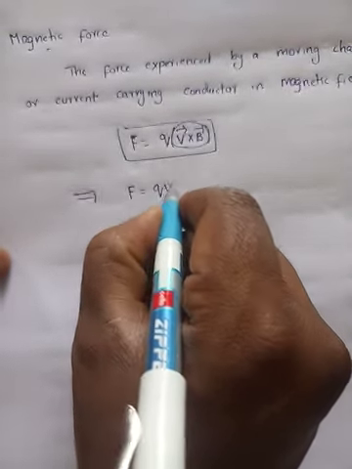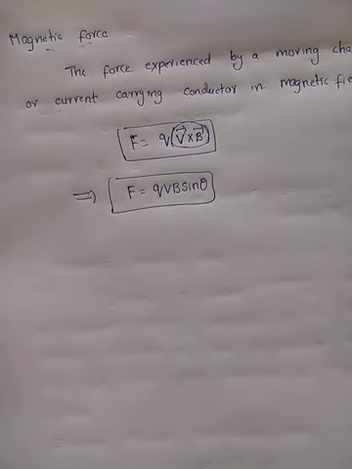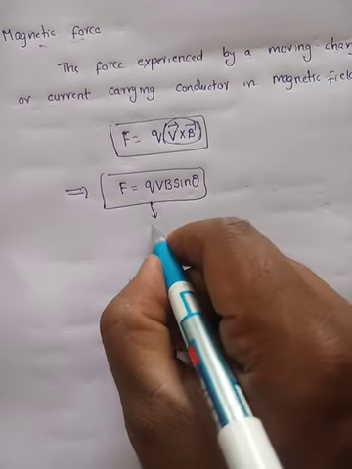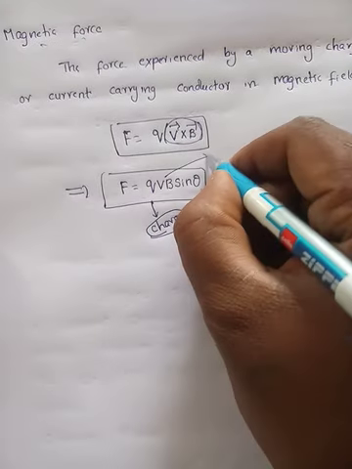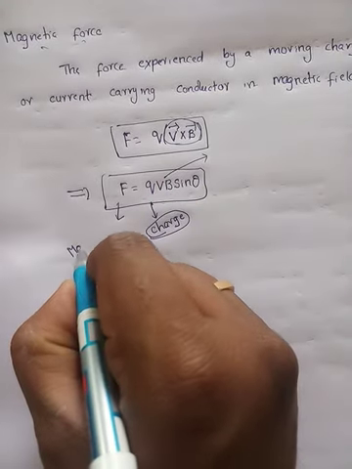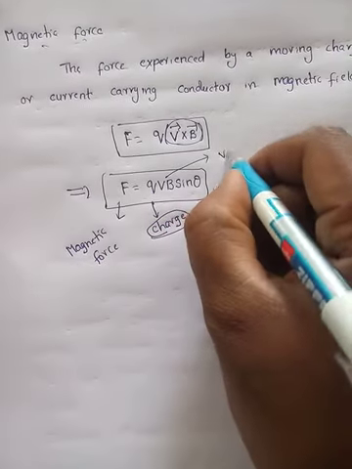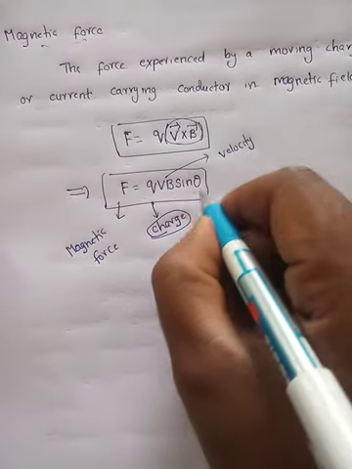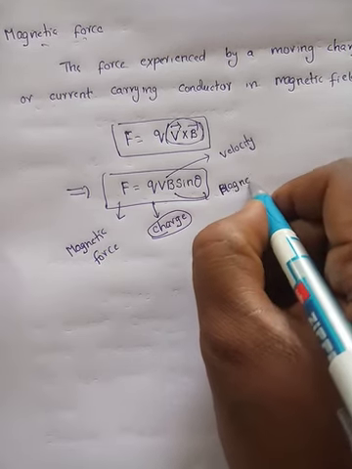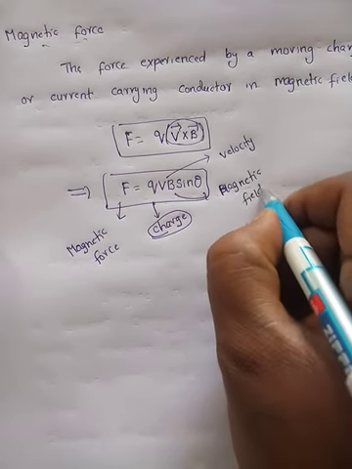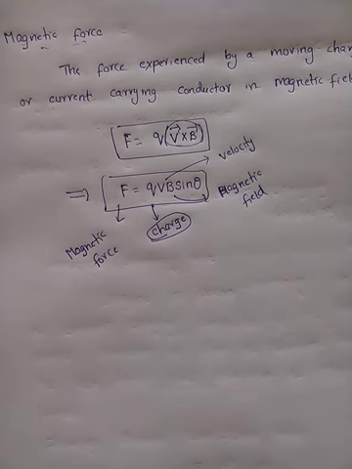So F equals QVB sin theta, where Q is the charge on which the magnetic force is exerted, V is the velocity of the charged particle, B is the magnetic field, and theta is the angle made by the magnetic field with respect to the velocity of the charged particle.